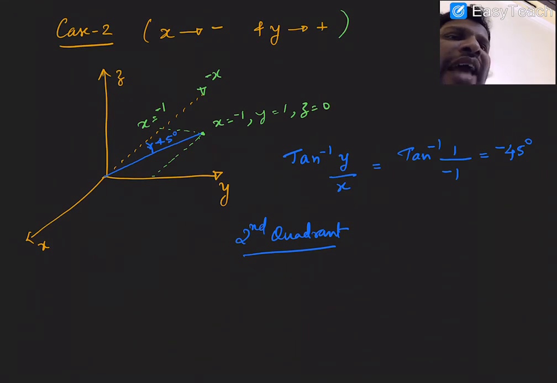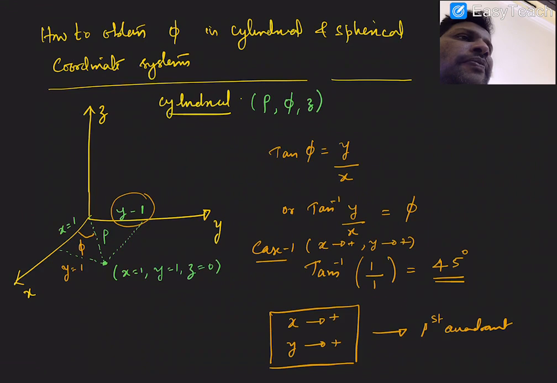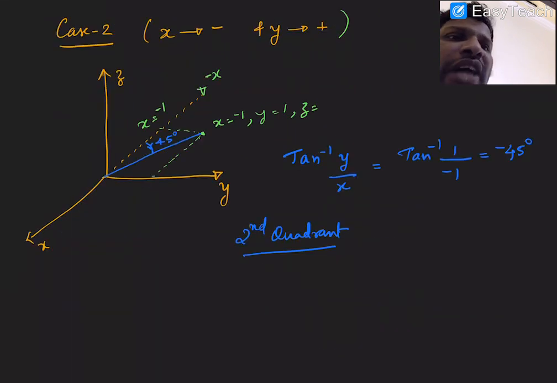So because of this reason, the actual angle that is defined in your cylindrical coordinate system is with respect to the x-axis. So we will start moving from the x-axis. If you move from the x-axis, you will get this angle. So this is your phi. And you know that the total angle, if you take the whole scenario, is 180 degrees.